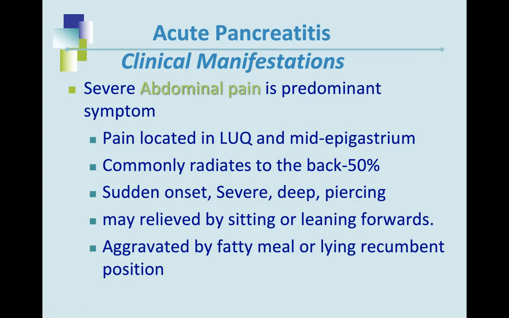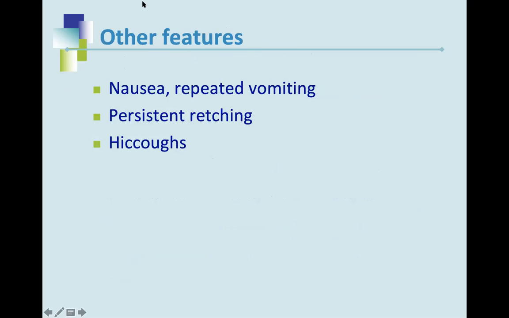It is of sudden onset, severe, and it pierces into the back, and the patient tries to sit down and lean forward because it relieves the pain. It is the extra burden of the stomach and other organs which increases the pain. So when patients sit down, the pressure over the pancreas is decreased, and the patient feels a bit relieved. And when the patient lies down, the pain aggravates.